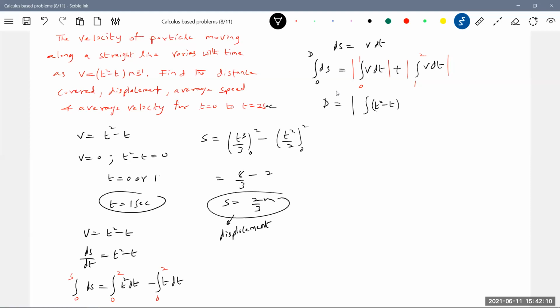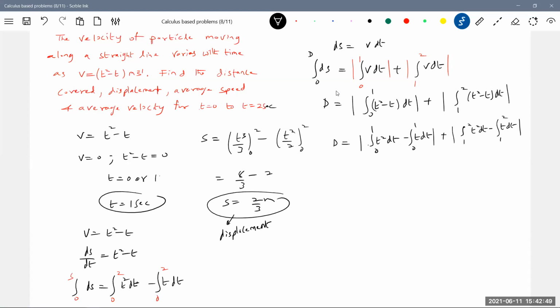This will become mod of the integral of t square minus t dt from 0 to 1, t cube by 3 with limit 0 to 1, minus t square by 2 with limit 0 to 1, plus the integral of the same with t cube by 3 limit 1 to 2.